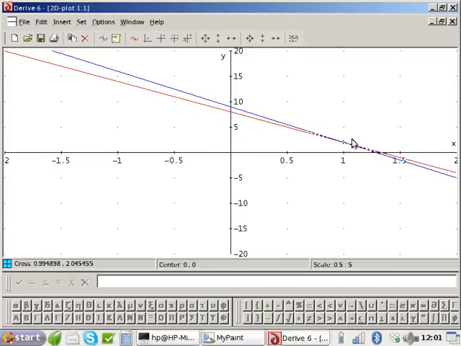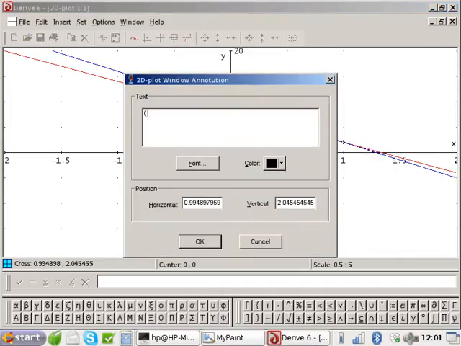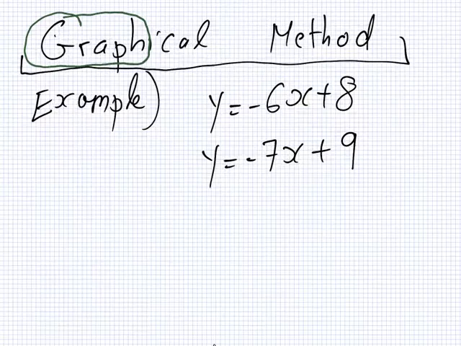So we think the answer is maybe 1, 2. Maybe. This is terrible, right? Very bad. So we don't do it this way because it's no good. We do it some other way. But this is the first method.